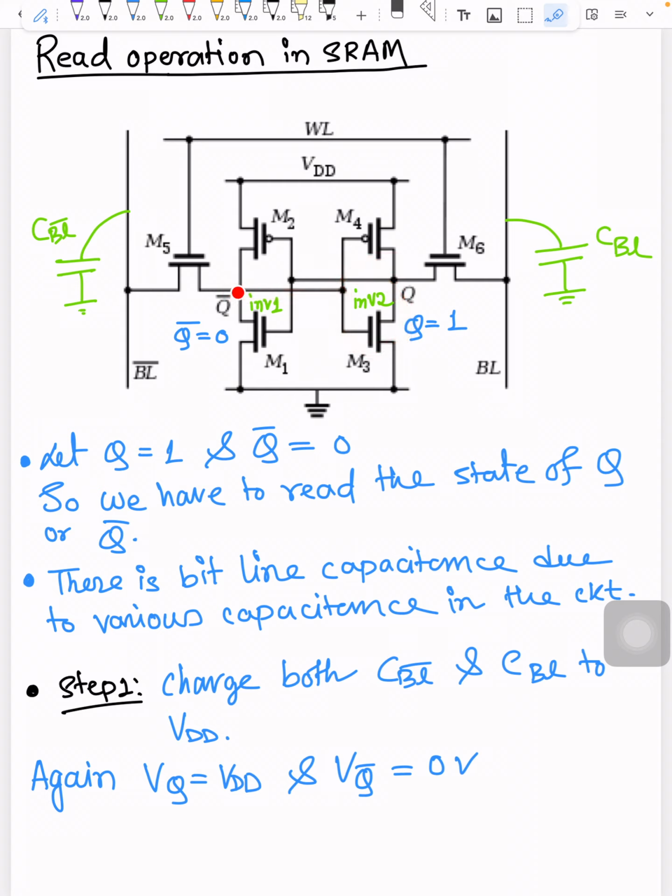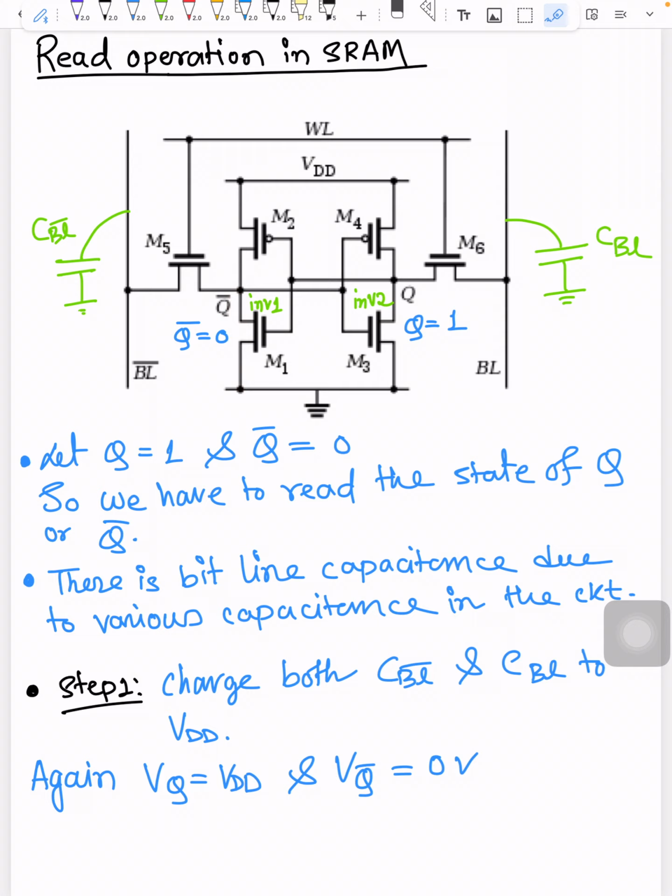If the voltage over here is greater than the threshold voltage of inverter 2, it will flip the state of this inverter. So that's why we choose the on resistance of M1 to be very less than the on resistance of M5. Then the voltage drop over here is very small.